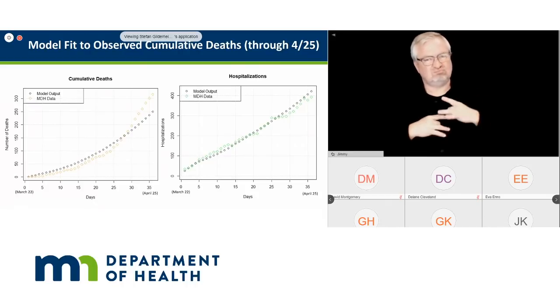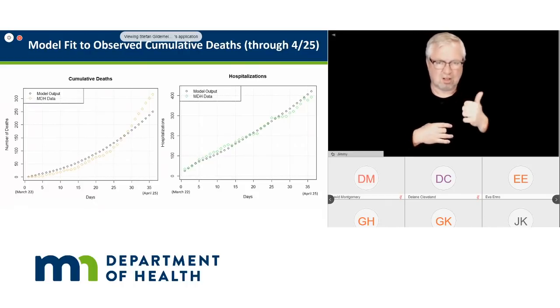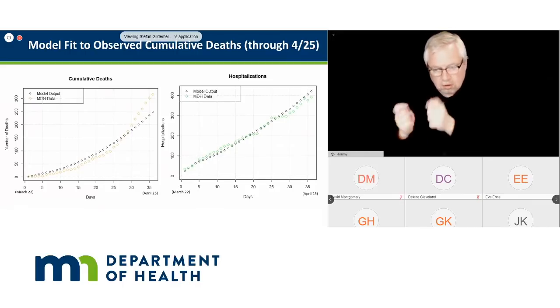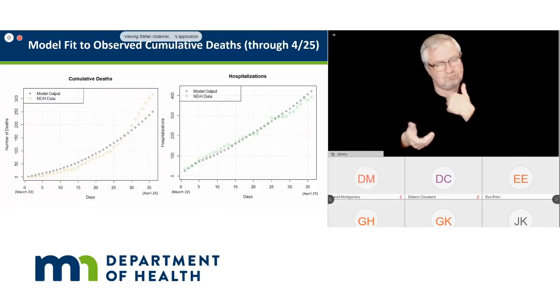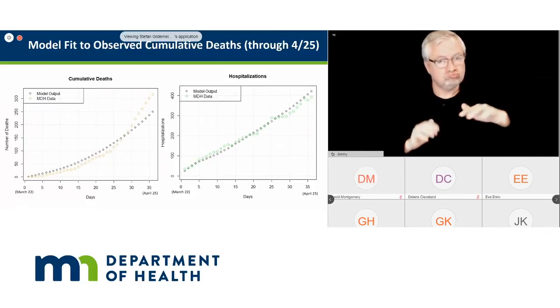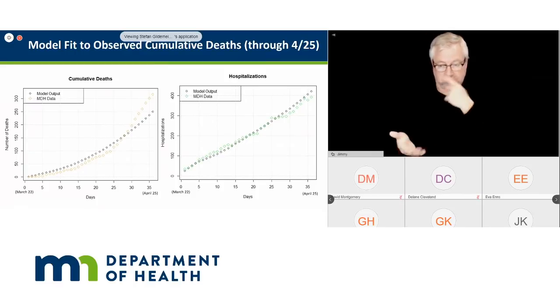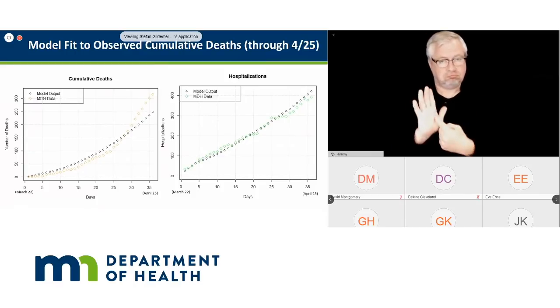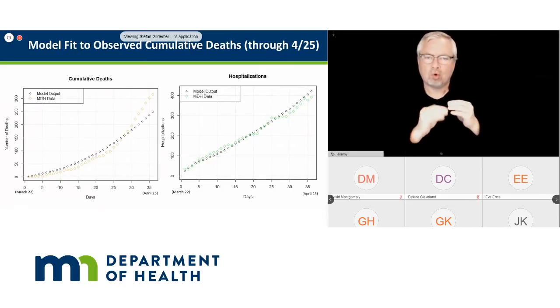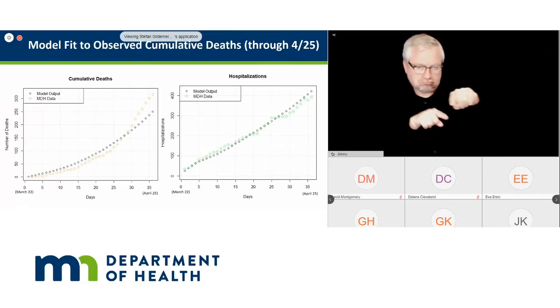So there are a number of different combinations of all those parameters that can fit these data. That's where we're taking our uncertainty from, which is not represented here, in this round of the modeling. Our base case reflects a median value among those input parameters that fit these trends well. And so you can see how it's fitting against the data.